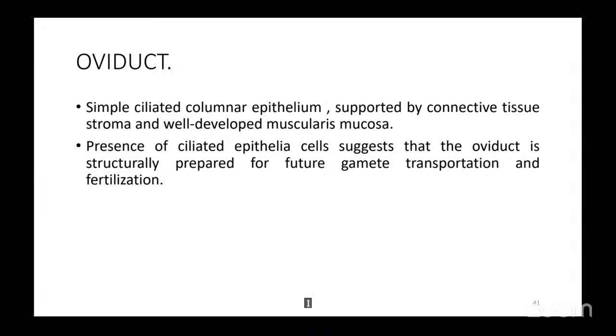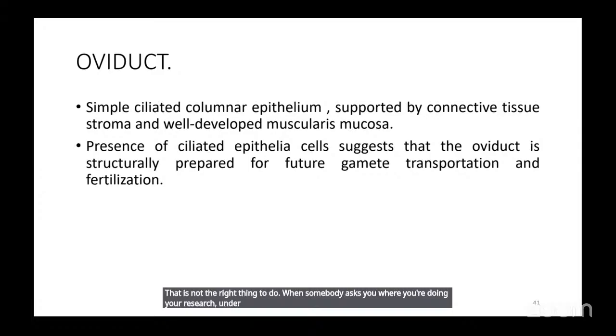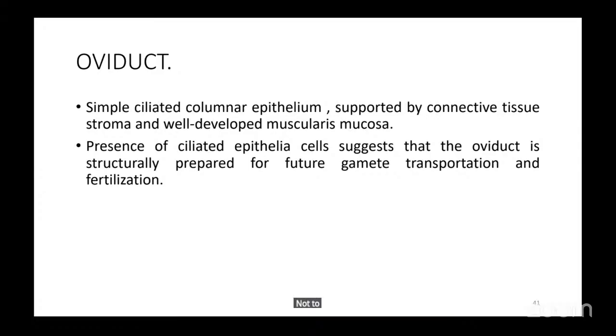I want to make these comments. One, when Professor Sani asked a question and the presenter said you will chat him up privately, that is not the right thing to do. When somebody asks where you do your research, under this condition, you are obliged to answer the person, not to say we chat privately.